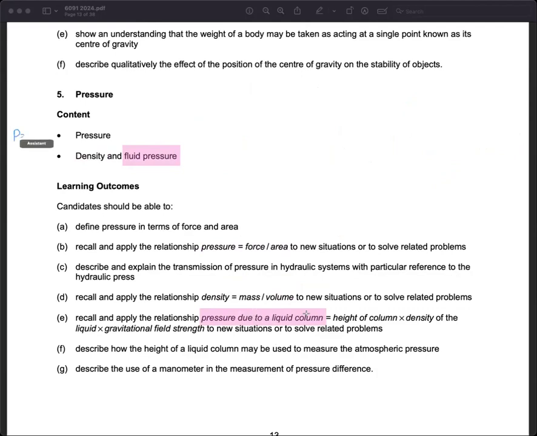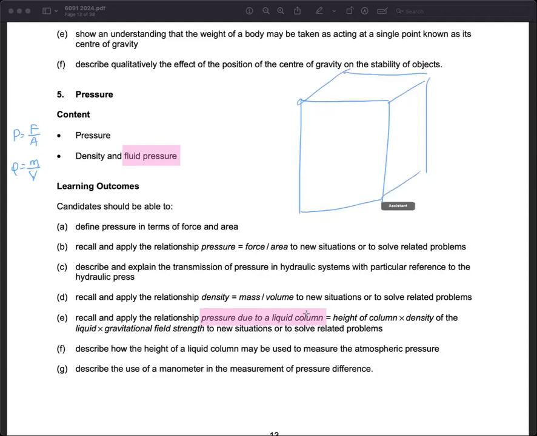Before we continue, let me write down first. Pressure is force over area. Density is mass over volume. Okay, so for fluid pressure, how are we going to find what is the fluid pressure? For example, I have a column of water here.